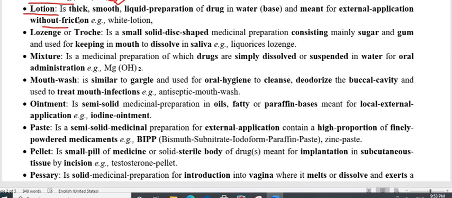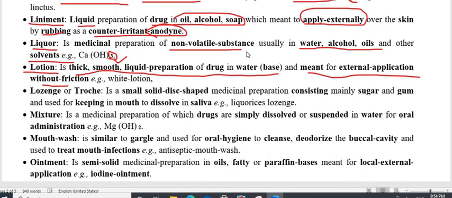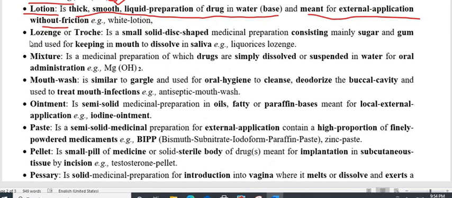Lotion is somewhat thick, smooth, but a liquid medicinal preparation with water as a base, meant for external application, whereas liniment is a preparation in oil, alcohol, soap, and applied by rubbing, means with friction, whereas lotion without friction. So this is very important.